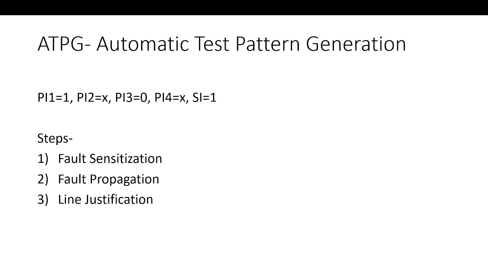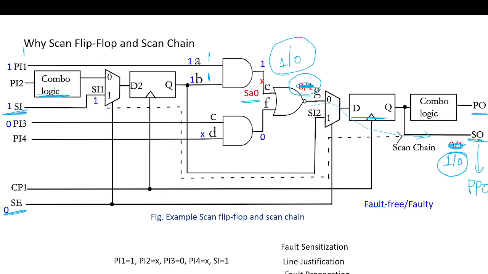Now we have seen these 3 steps: fault sensitization, fault propagation, and line justification. This is the terminology used for ATPG, automatic test pattern generation. This also we will discuss in later classes, just to make you familiar with a few terminologies.